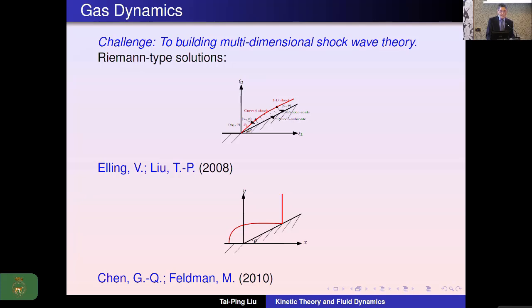Now, every field has a success. And then there's a time when we don't know what to do. And I say that, like a Riemann problem, there are self-similar solutions. This is just simply to say that this should be the beginning of an exciting time for multidimensional phenomena in shock waves.